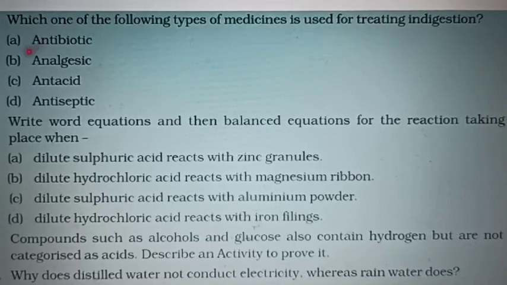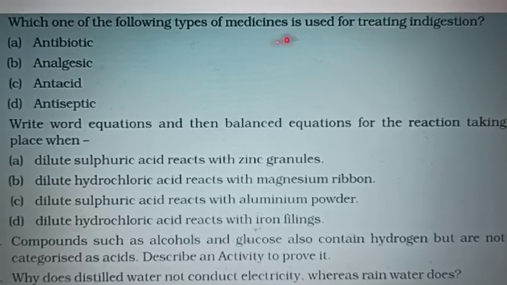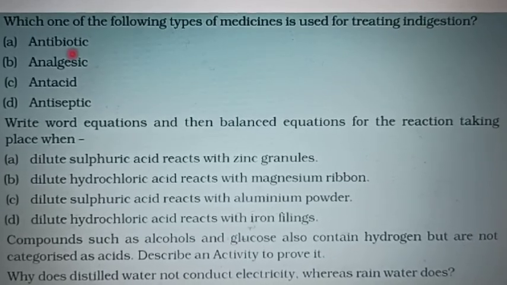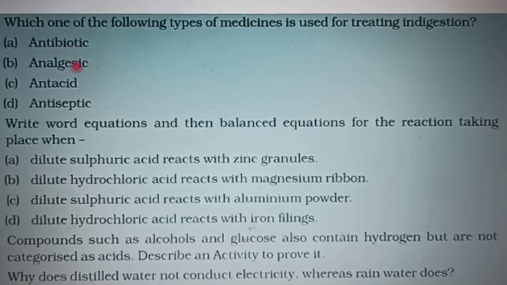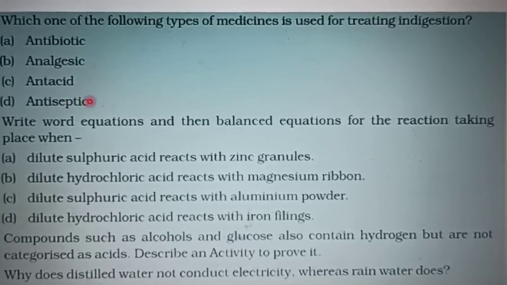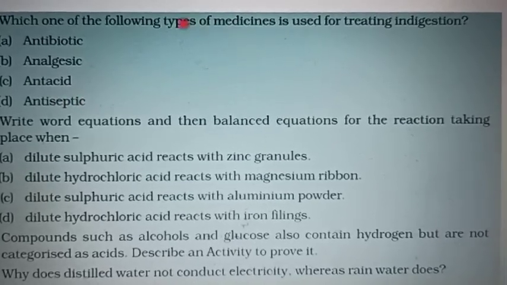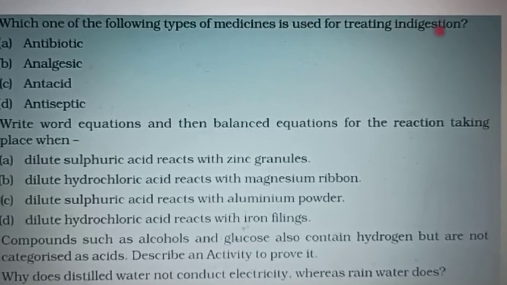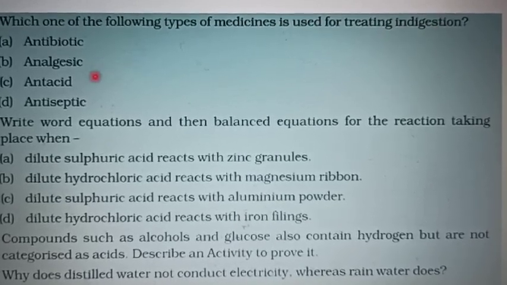Next question is, which one of the following types of medicines is used for treating indigestion? See the options: antibiotic, analgesic, antacid and antiseptic. You have seen that for treating indigestion, we use antacid, right?